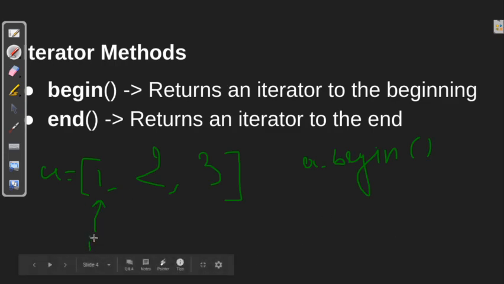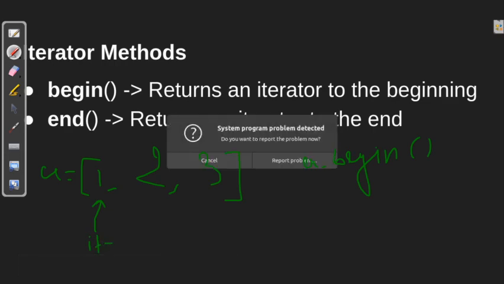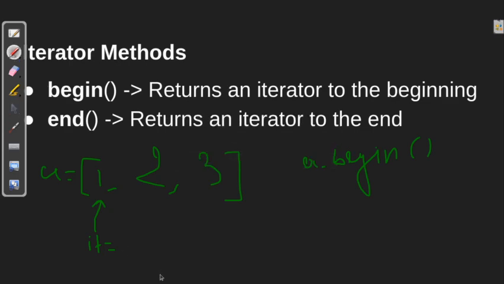This will be the iterator. You can store it in a variable and loop through the vector. And if we call end, then the pointer's place will change and it will point to the last element of the vector.